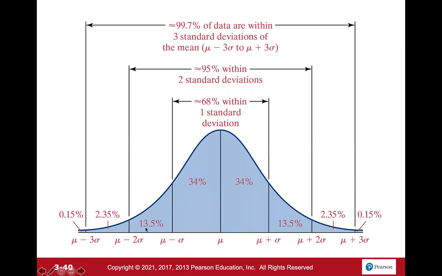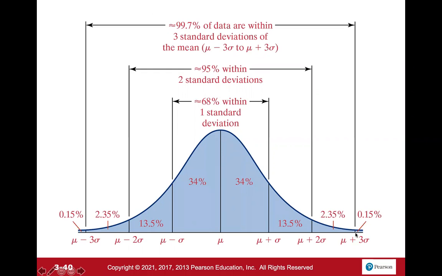Then for this value right here, there's 13.5% on either side. Adding all of that up together, we get 95%. So 95% of the data will lie within 2 standard deviations. And coming way up here, 99.7% of the data will lie within 3 standard deviations.